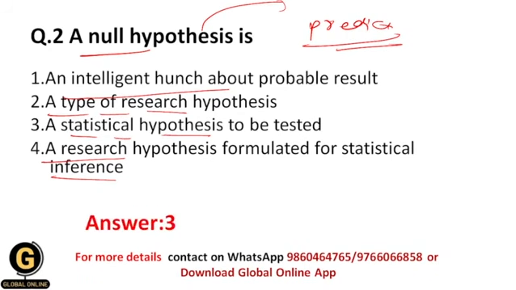That is, it is a statistical hypothesis to be tested, because there are lots of research hypotheses including directional hypothesis, alternative hypothesis, which is also called as a research hypothesis, statistical hypothesis over there, simple hypothesis, composite hypothesis is there, but there is only one hypothesis, which is the null hypothesis, and that is only tested in the whole research process, not other any kind of hypothesis. Okay, and that's why your correct answer should be 3.